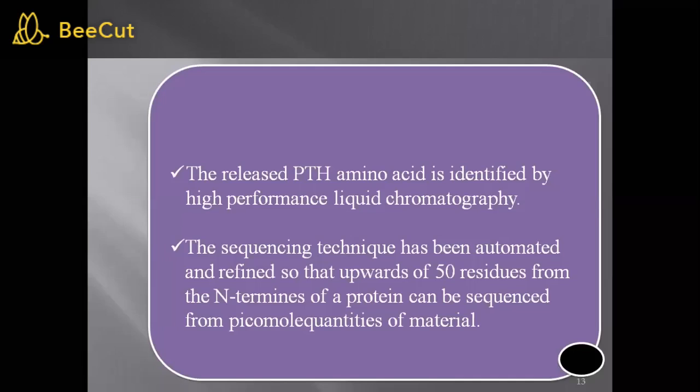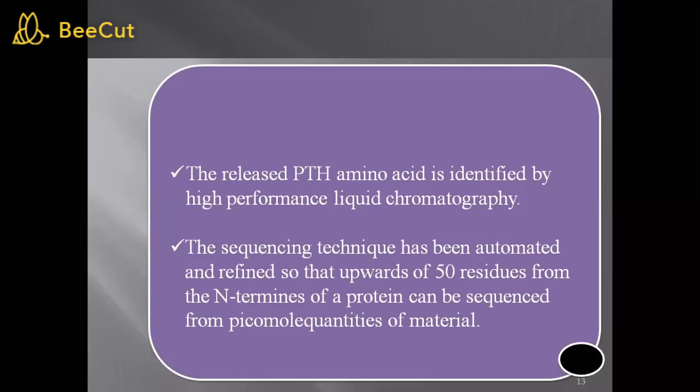Here we use different standards of amino acids, and we carry out HPLC of the released PTH amino acid. We compare its peaks with the standard amino acid peaks, and from this we can find out which amino acid was present at the N-terminal end.